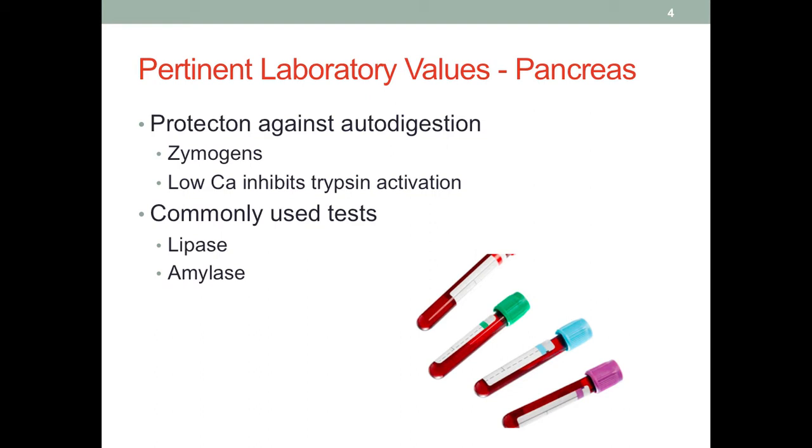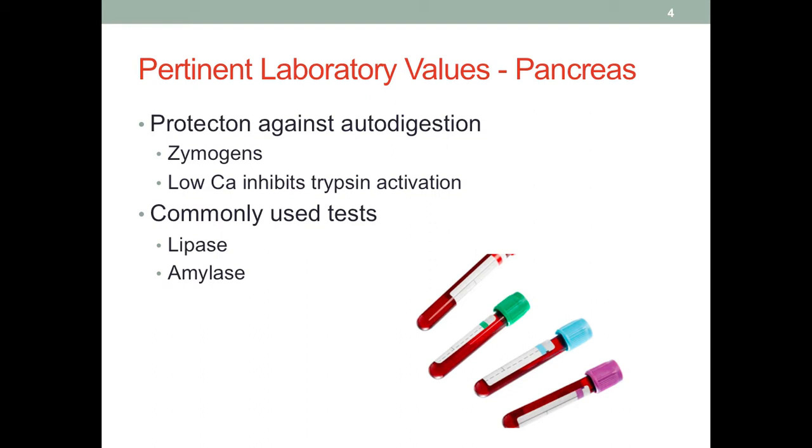For example, the pancreatic enzymes, when they are in the pancreas before they have been secreted into the duodenum, exist as zymogens. They are pre-enzymes that are not fully activated. They will be activated once they reach the small intestine. Also, there is a low calcium concentration inside the pancreatic tissue.